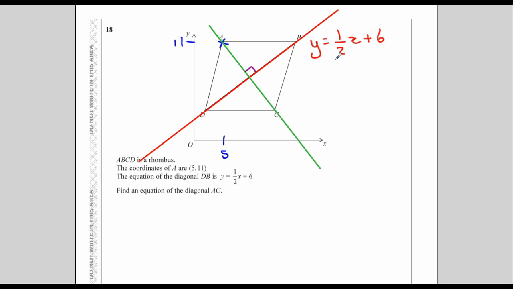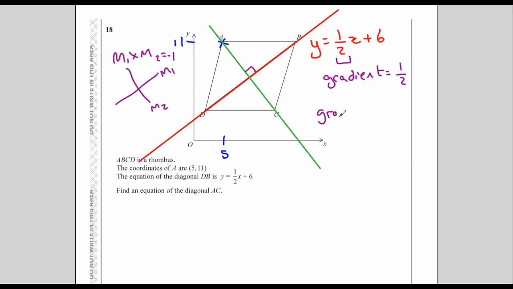And the gradient here equals a half. So the gradient opposite, if you've got two gradients like this, m1 and m2, then m1 times m2 is minus 1. So it's a negative reciprocal. So gradient of AC equals minus 2.